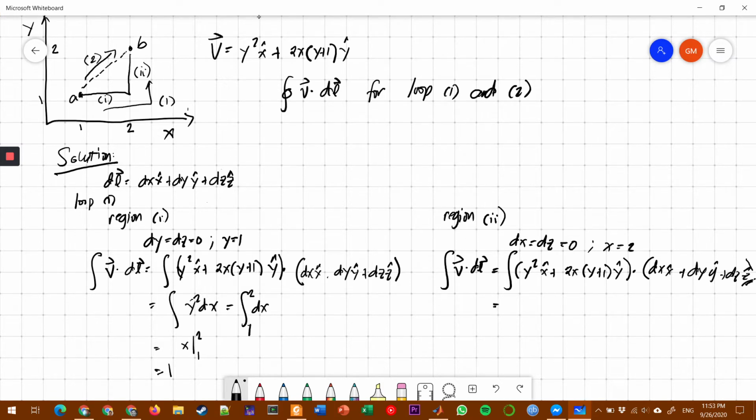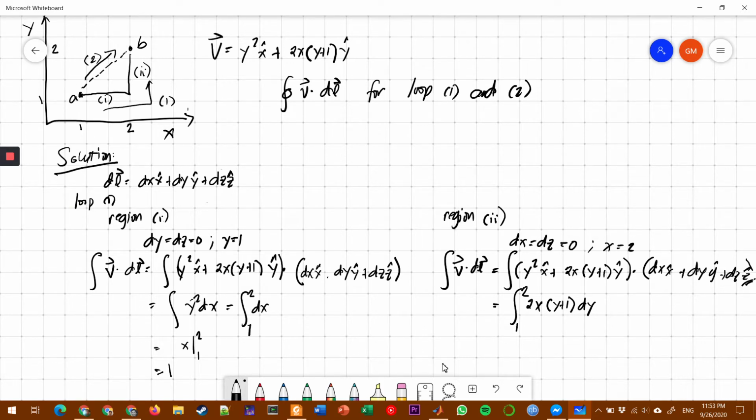So we have now, take note that dx is 0, dz is 0, so we are just left with dy, right? Okay, so continuing, we are left with this one. So the integral of 2xy plus 1 dy. Okay, now the integral is evaluated from 1 up to 2.